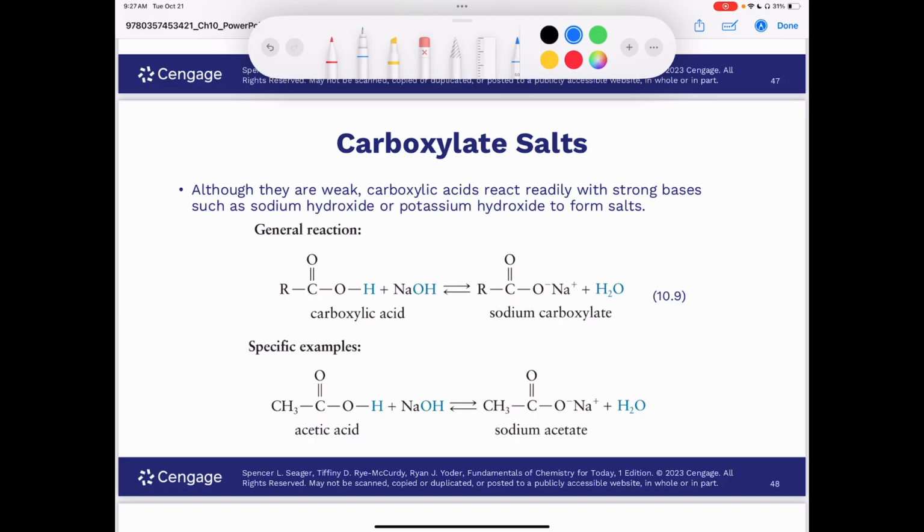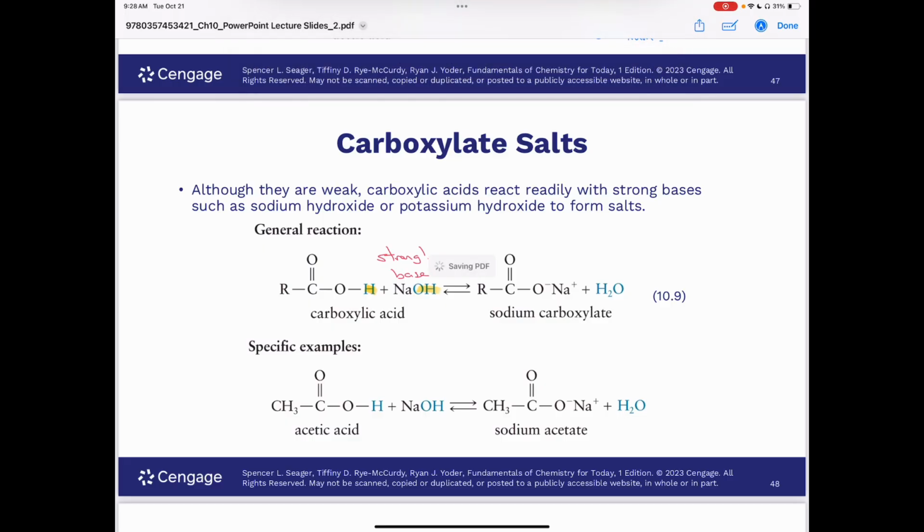Now again, although they are weak, carboxylic acids will react readily with a strong base like sodium hydroxide or potassium hydroxide or lithium hydroxide to form salts. So if you take a carboxylic acid, here's the acidic proton, again highlighted in yellow. If you treat that with a strong base like sodium hydroxide, so remember, sodium hydroxide is a very strong base, okay?